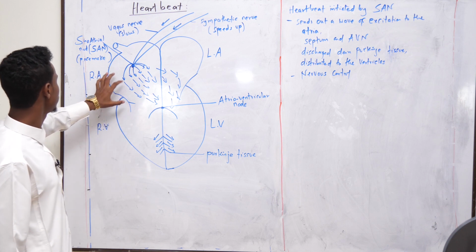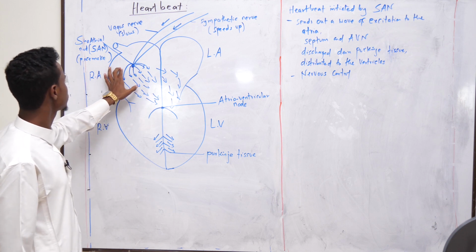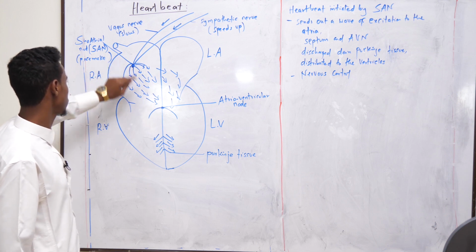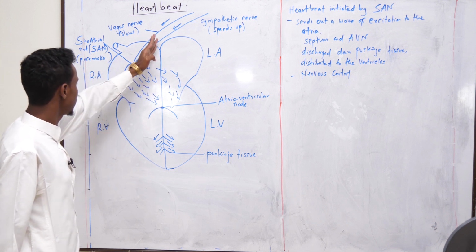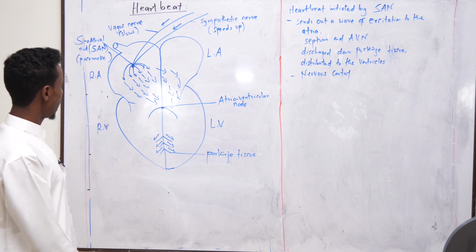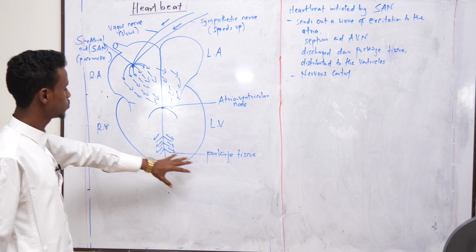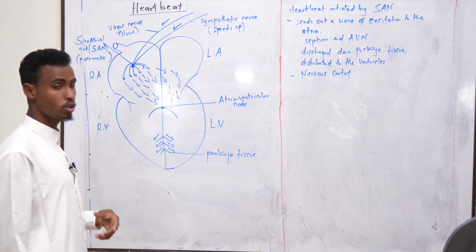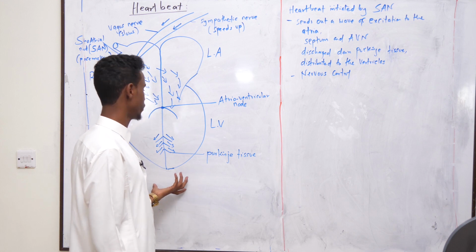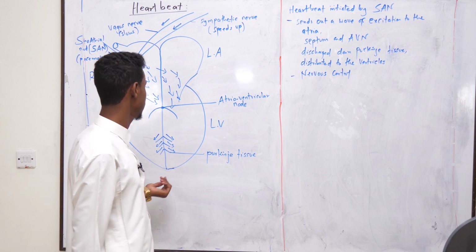Again, you can see waves of excitation being transmitted from the sinoatrial node to the septum and to the atrioventricular node, again being discharged down to the Purkinje tissue, and we are going to see how they bring about the contraction of the ventricles.